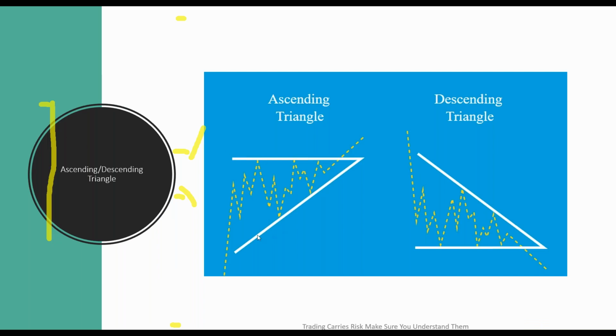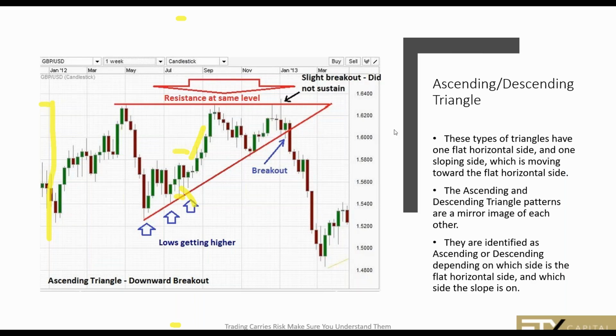And you see, the only difference is, and I can't say 100% of the time, but 99% of the time, an ascending triangle forms during an uptrend, and a descending triangle forms during the downtrend. And you can see they're the exact mirror images of each other. These types of triangles have one flat horizontal side and one sloping side, which is moving towards the flat horizontal side.